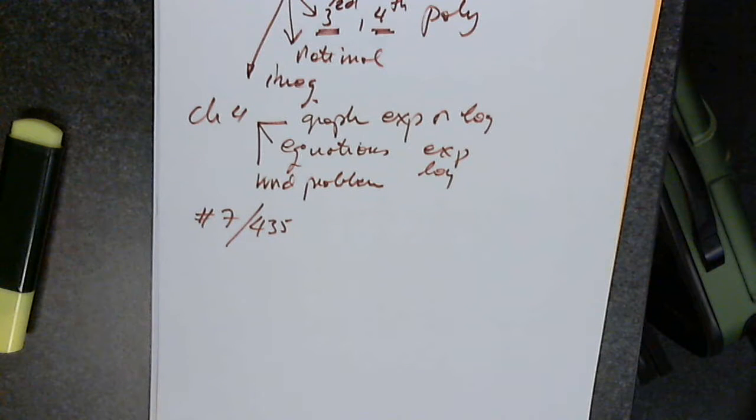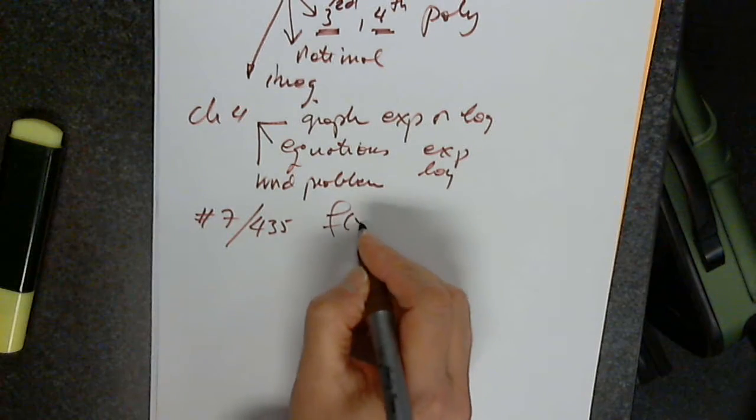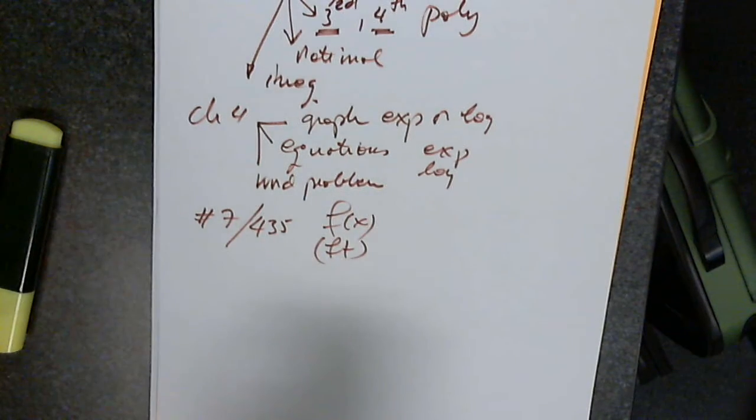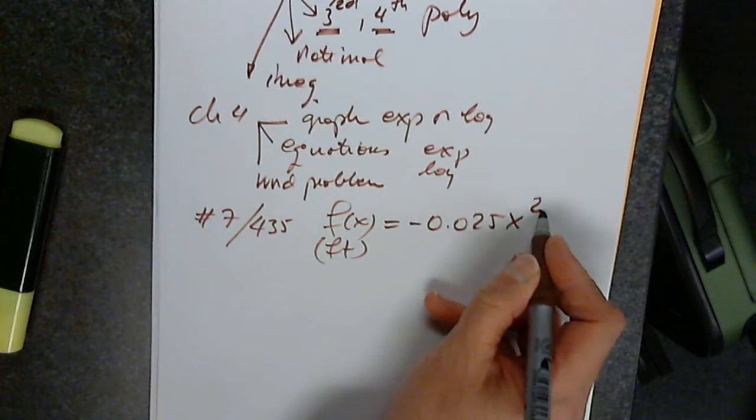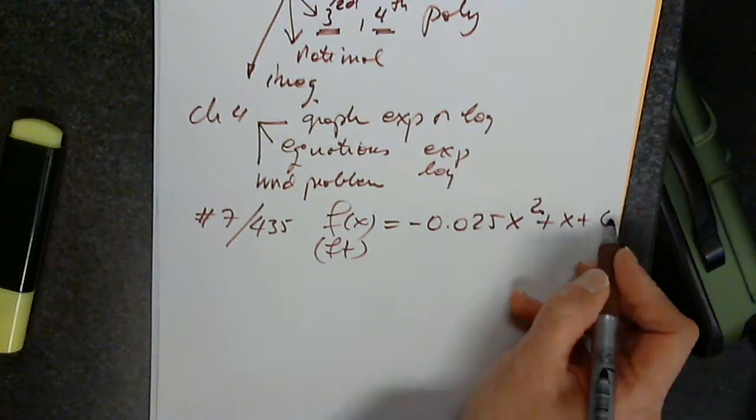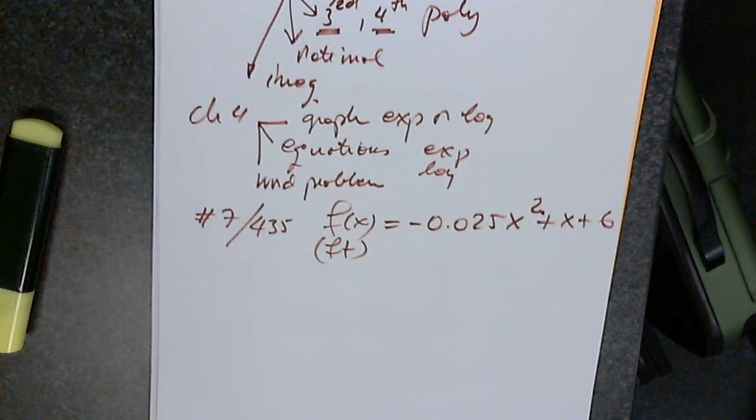A quarterback tosses a football to a receiver 40 yards downfield. The height of the football, f of x in feet, is given by negative 0.025x squared plus x plus 6, where x is the ball's horizontal distance in yards from the quarterback.